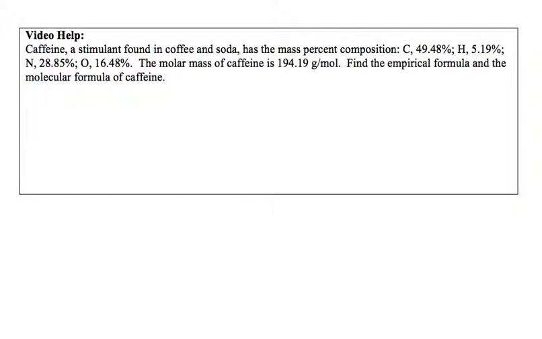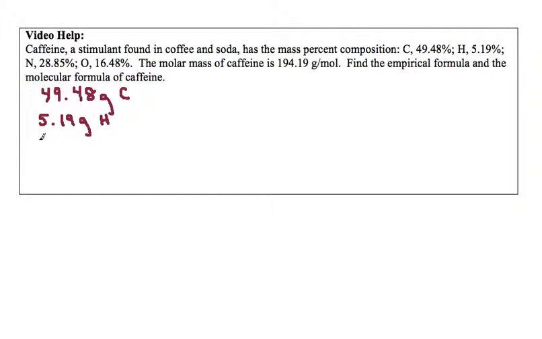My first step is that I take all of my percents. I assume I have a total mass of 100 grams, so I make each of these percents just into grams. So for example, I have 49.48 grams of carbon. I've got 5.19 grams of hydrogen.